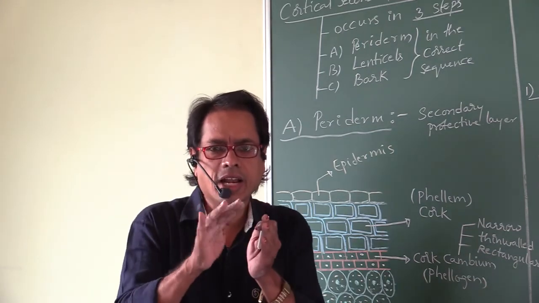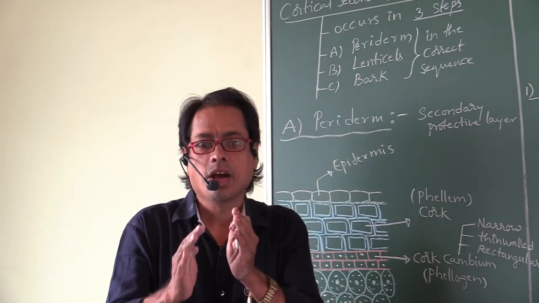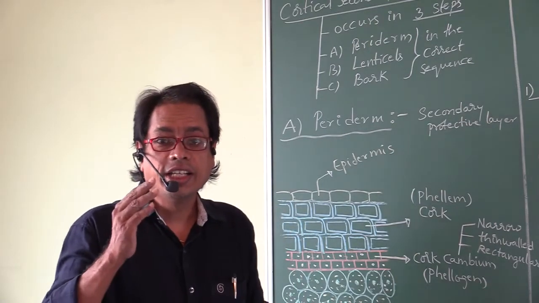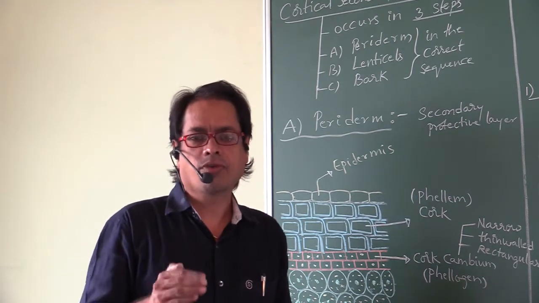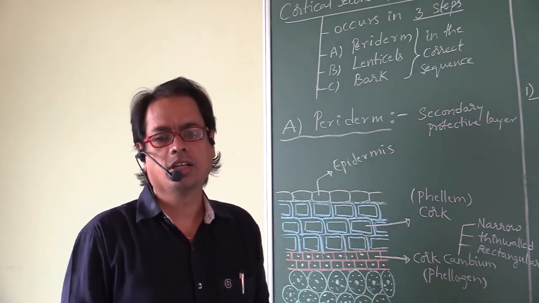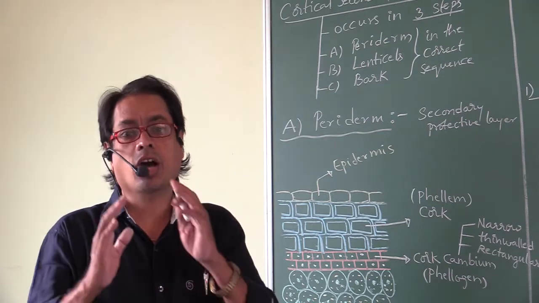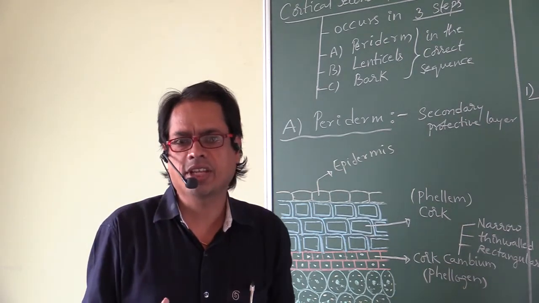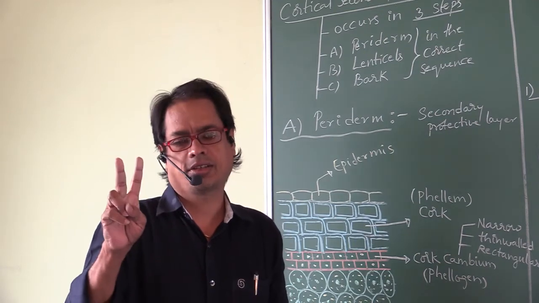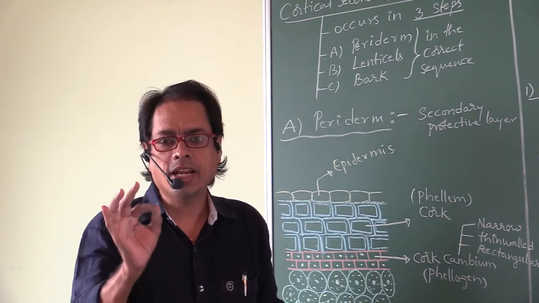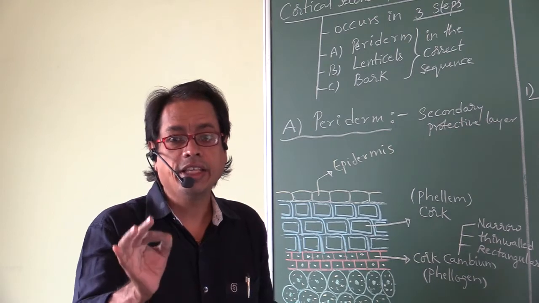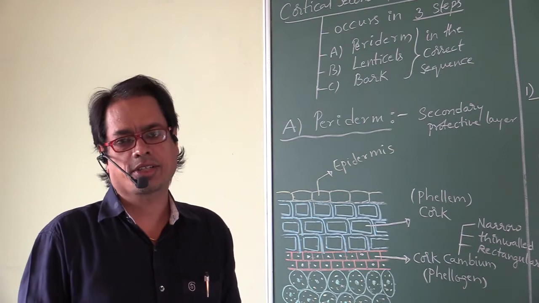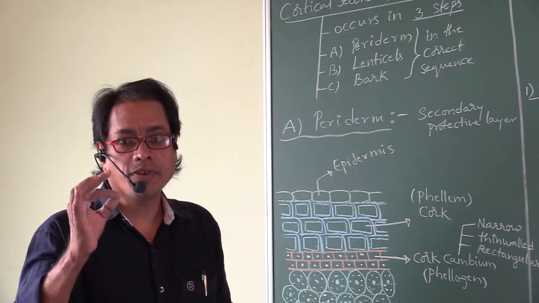So parenchyma cells of cortex undergo dedifferentiation and form a meristematic layer called cork cambium. This cork cambium is a couple of layers thick, meaning 2 layers thick. So a meristematic layer is formed from parenchyma cells of the inner cortex.